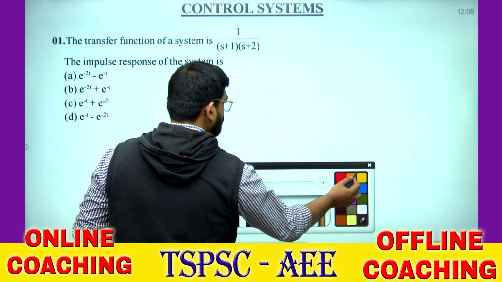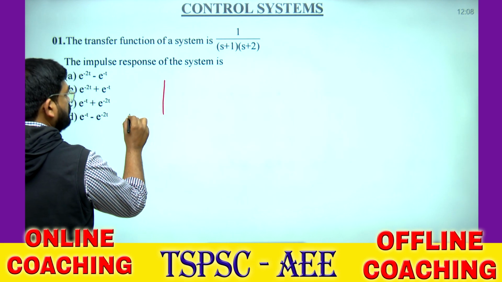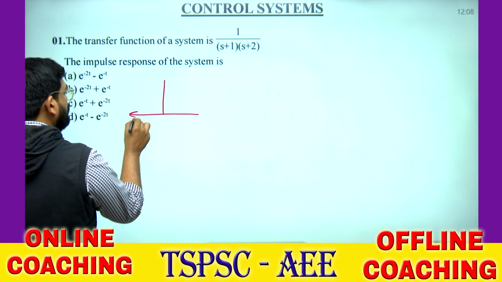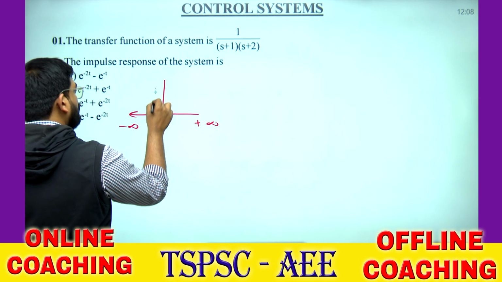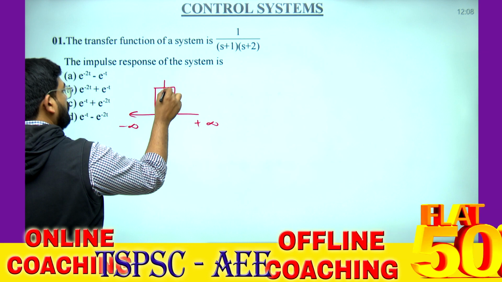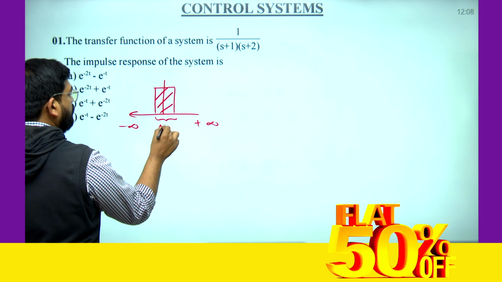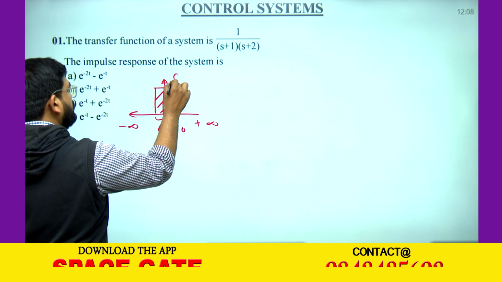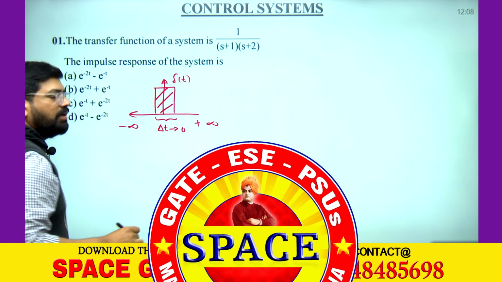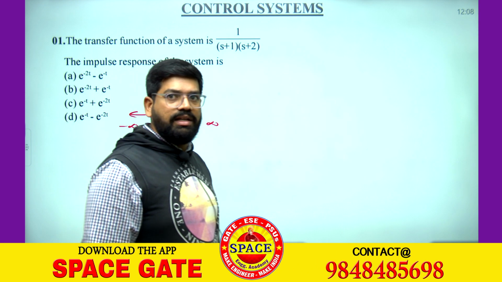Impulse is defined only for a particular time instant, a very short time interval, where delta t tends to 0. Generally we indicate impulse with delta of t.